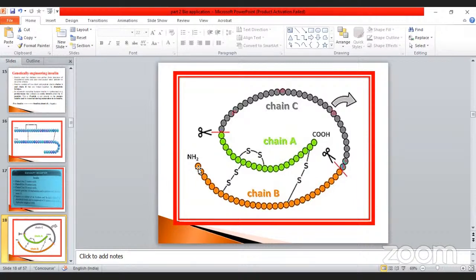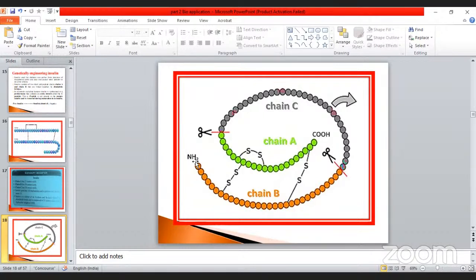Here also 30. The A chain and B chain are connected with the disulfide bridge. Total how many amino acids? Calculate it. So 81 amino acids in the sequence. Particularly A and B together make 51: here 30, here 21. The disulfide bridge we already know about.